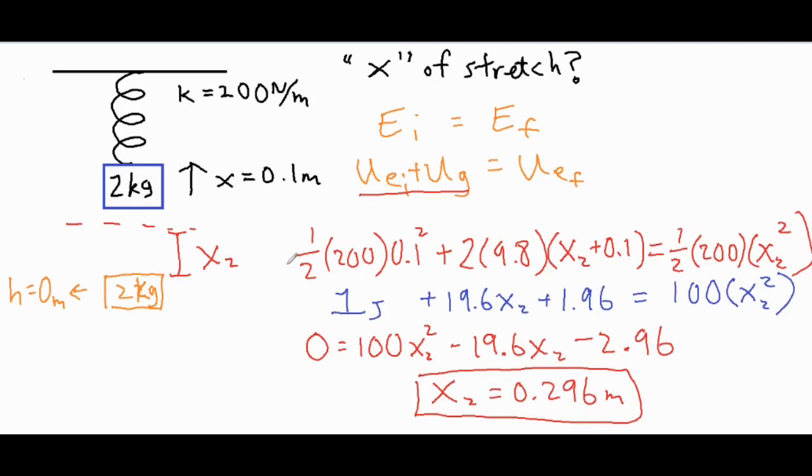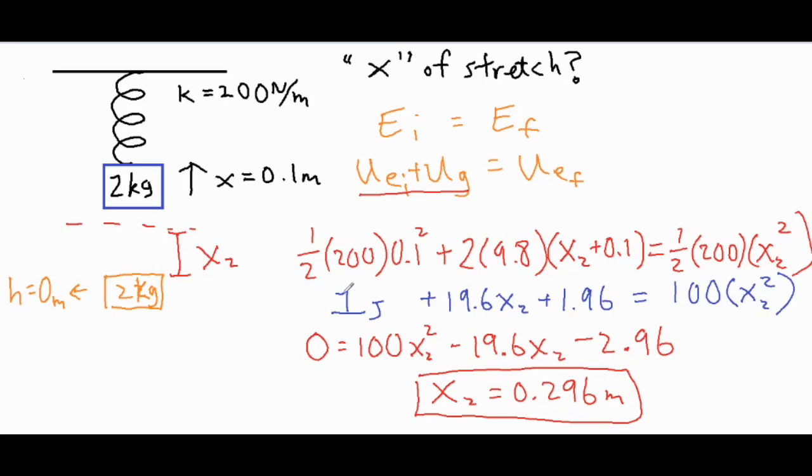So what I did is took the product of these three numbers and it came out to 1 joule exactly. I took the 2 times 9.8 and distributed that 19.6 to the x2 and then the 0.1, which gave you the 19.6 x2 plus 1.96 joules equals 1/2 times 200, which is 100, the coefficient of the x2 squared.